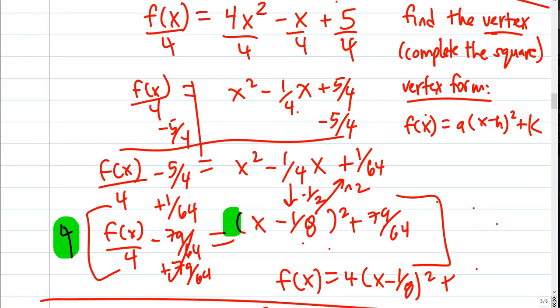The 4 would cancel, leaving us with 79 over 21. So what would this look like? Well, it would have a vertex at 1/8 and all the way up at 79 over 21, which is 3 point something.